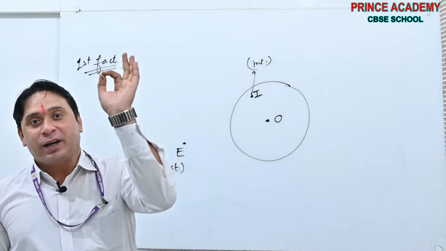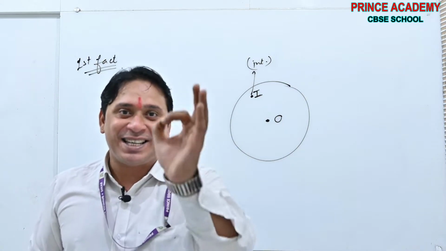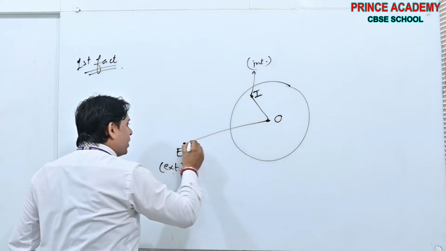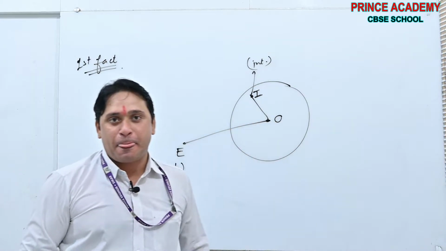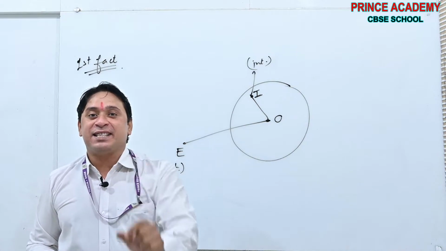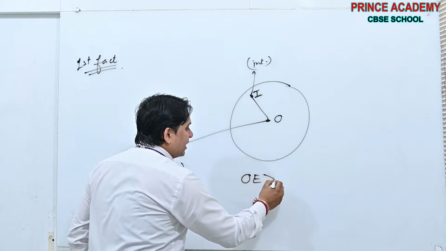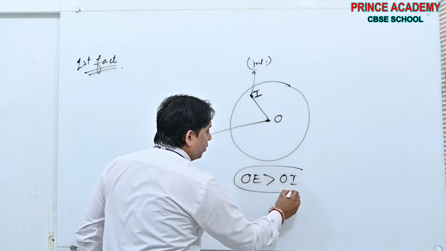Can you guess which distance is greater, OI or OE? Tell me, which distance is greater? Everybody can see OE is greater than OI. Yes or no?